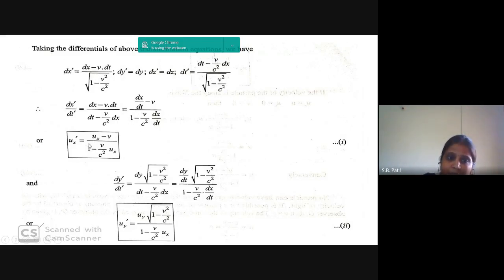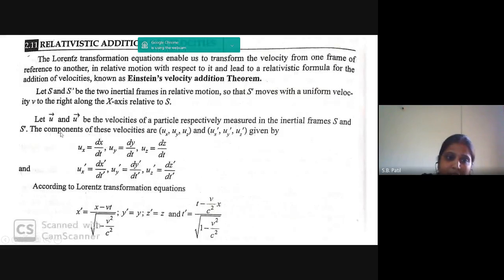We know that ux prime is equal to ds/dt, and here we indicate that ds/dt is equal to ux. So we can write ux prime is equal to (ux − v) upon (1 − (v/c²) ux).